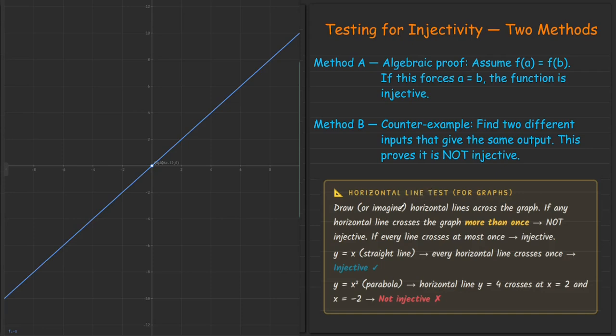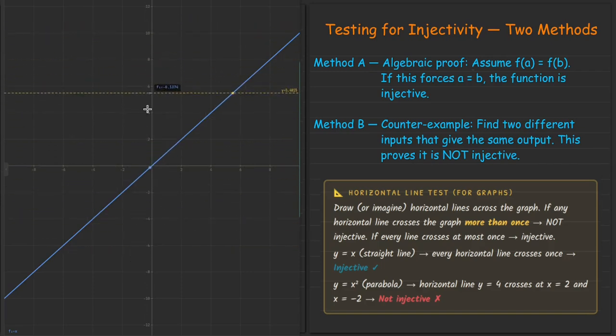For the horizontal line test, you simply draw a horizontal line across the graph. If the horizontal line is able to touch more than 1 point, then it is not injective. But if it touches just one, then it is what? Injective. So I'm going to take this horizontal line I have over here. As I have over here, this is my horizontal line, you see?